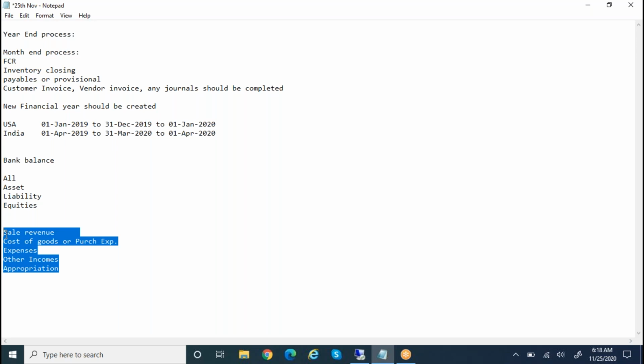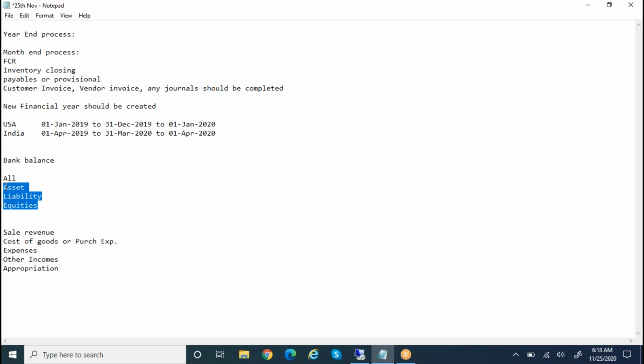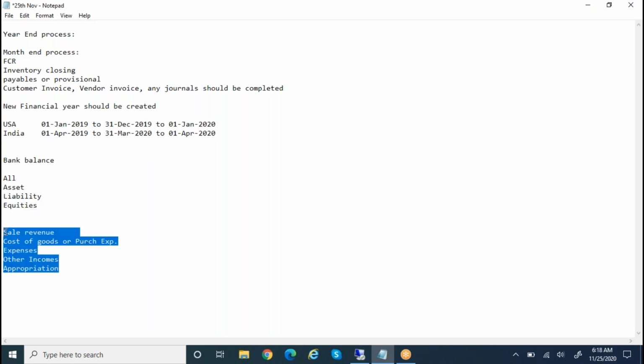In the same manner, whatever amount I need to pay to the vendors, that I need to pay. So these balances will be transferred to the next year, and these balances will not be transferred, and they will arrive at the net profit of the organization. This amount will be transferred to retained earnings.